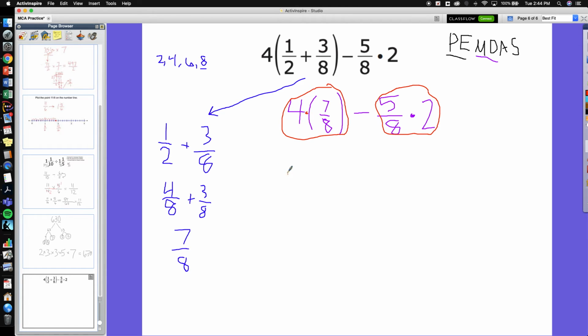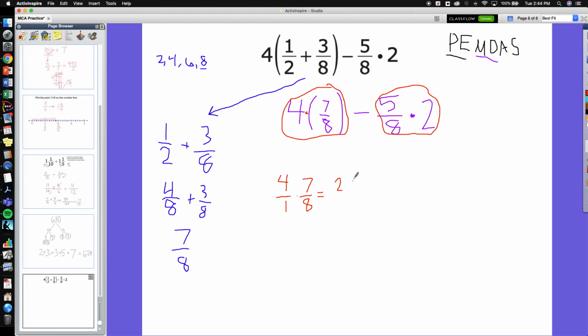We have 4 times 7/8. So we can put 4 over 1 times 7 over 8. And if we do the reducing, well, let's not do the reducing. We're going to do 4 times 7.